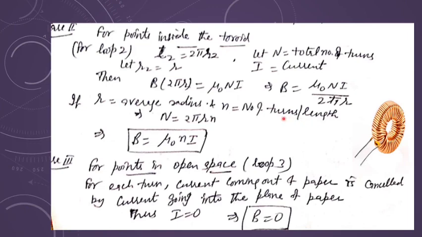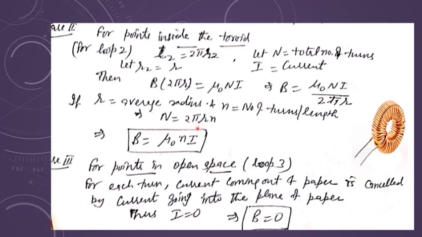So the total number of turns will be equal to n into the length, and the length will be equal to the circumference of this circle, which is 2 pi r. So in place of the length, we write the circumference of the ring, that is 2 pi r.